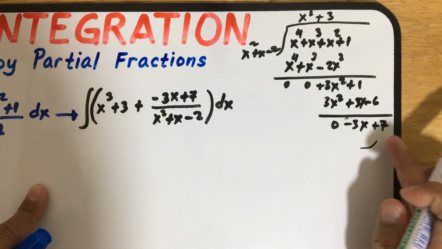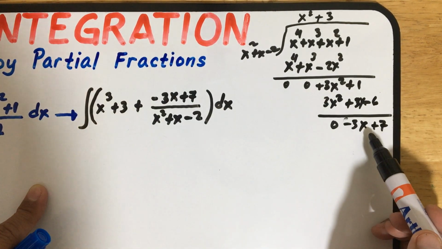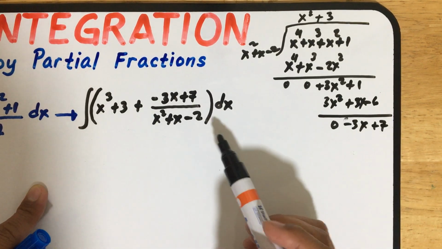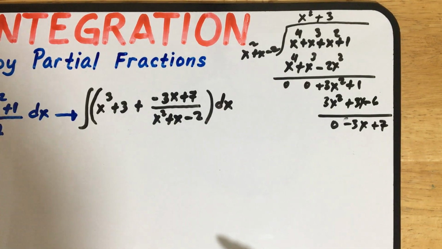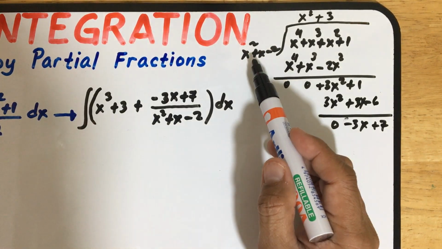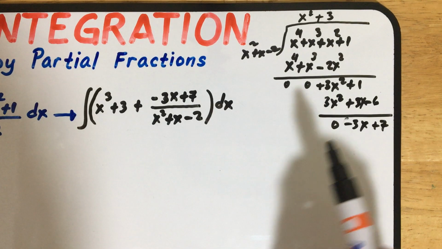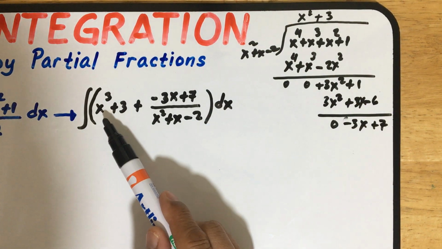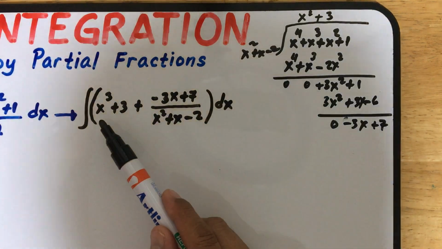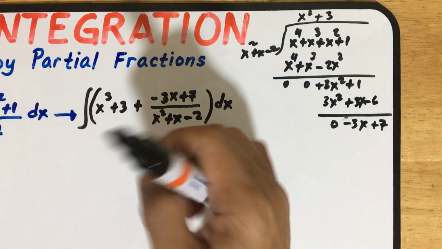All right, so we know that if this is the remainder, then we have to divide it by the divisor, which is x squared plus x minus 2. Okay, so that's why we have here, this is the quotient. Sorry, this is x squared. I'm sorry, class.